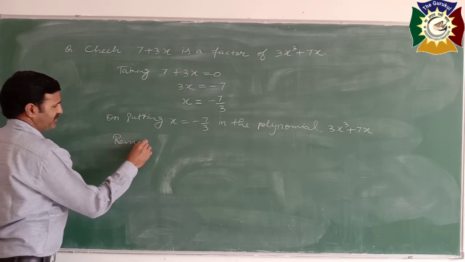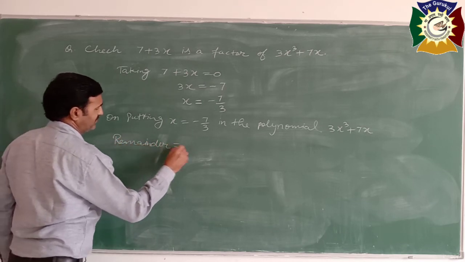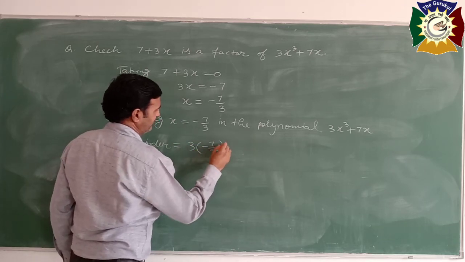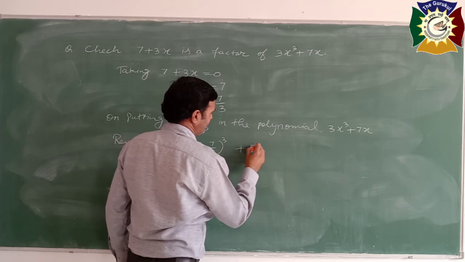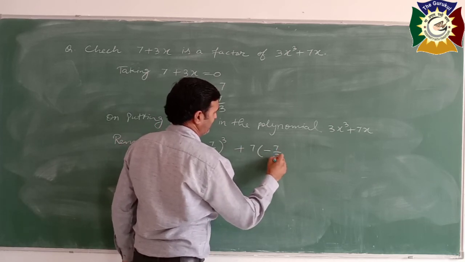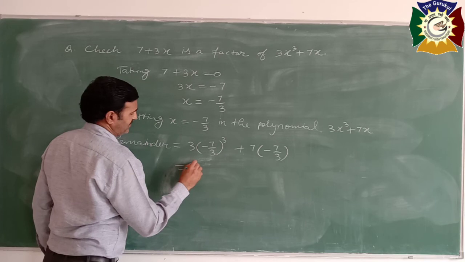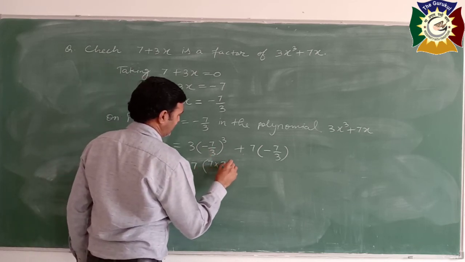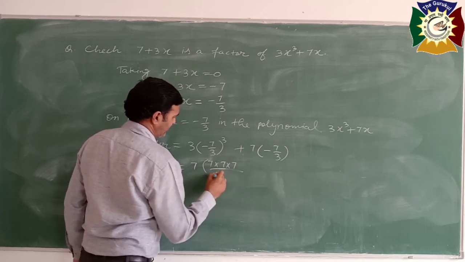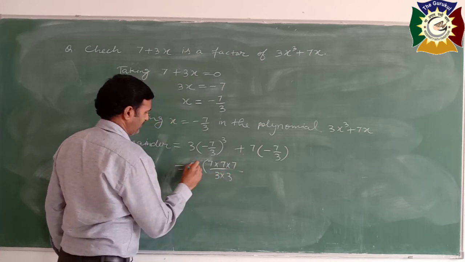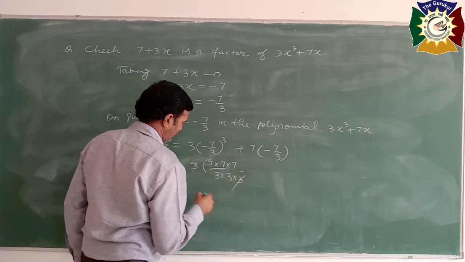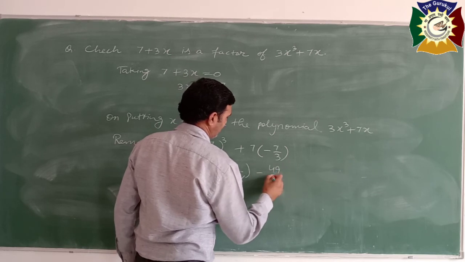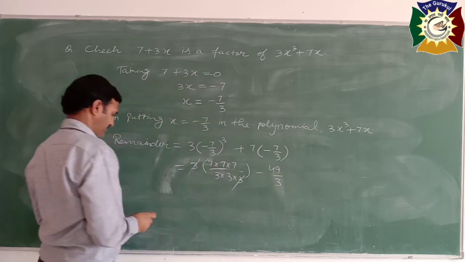According to the remainder theorem, we will get the remainder 3 into (minus 7 upon 3) cube plus 7 into minus 7 upon 3. We will simplify this. 7 cube is 7 times 7 times 7, 3 times 3 times 3, 3 cancels, plus, minus minus, 7 sevens are 49 upon 3.